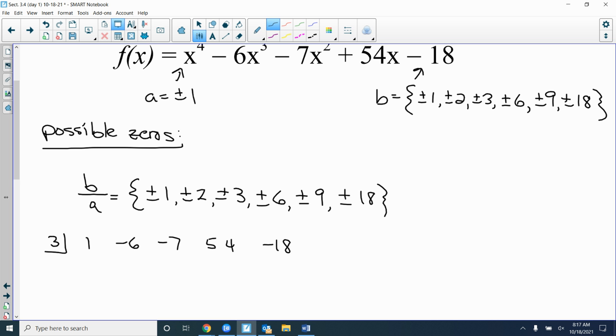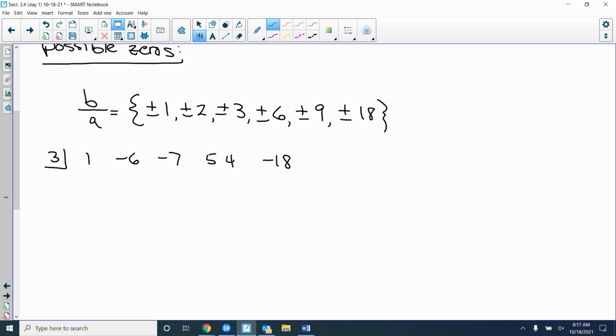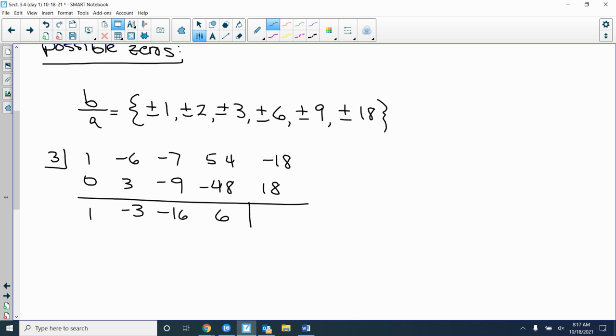And it doesn't matter how many terms, we're only concerned with the very first term and the very last term. So I got 1, 3, negative 3, negative 9, negative 16, negative 48. That's 6. 6 times 3 is 18. All right, so we got a 0.